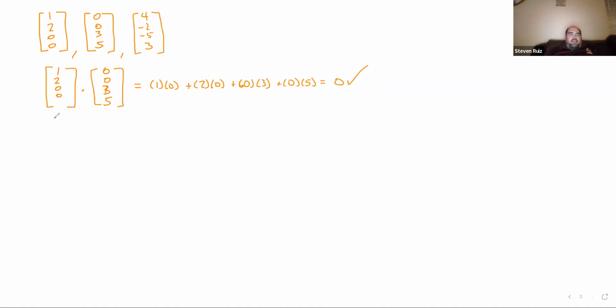Not enough though. We need to look at all 3 pairs. So 1, 2, 0, 0 dot 4, -2, -5, 3. I'm going to skip the ones that have zeros in them. So 1 times 4 plus 2 times -2 is equal to 0.